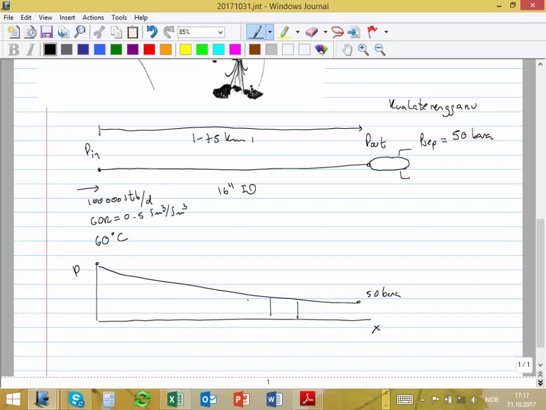So in that case, the pressure will be different in every section of the pipe. That means that for each pipe section, I will have a different QO local. I have the same QO at standard conditions for all of them, which is 100,000. But I have a different local condition. So I have to compute the BO for each one of them.